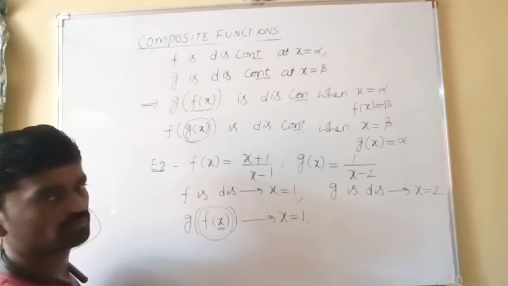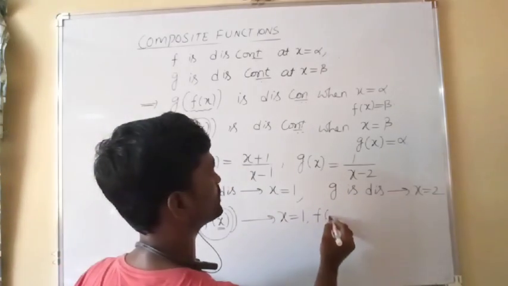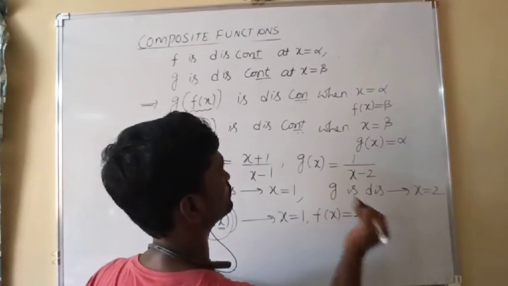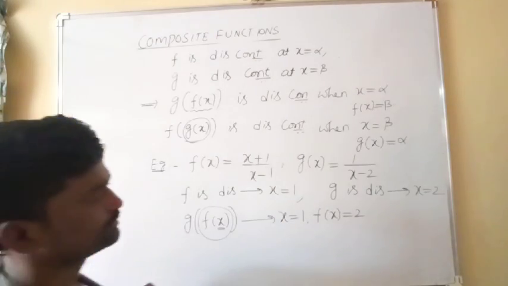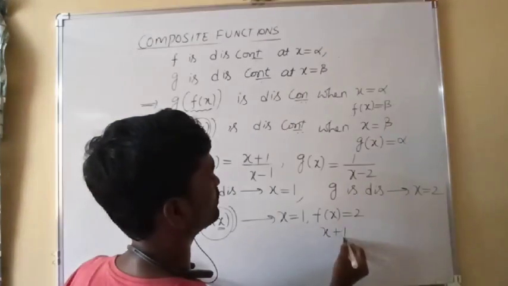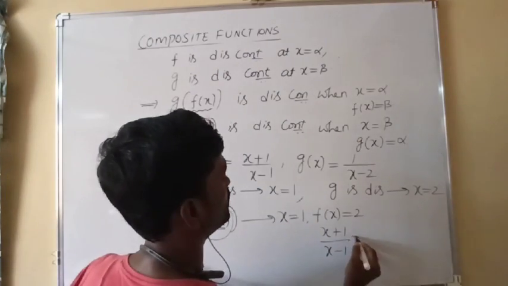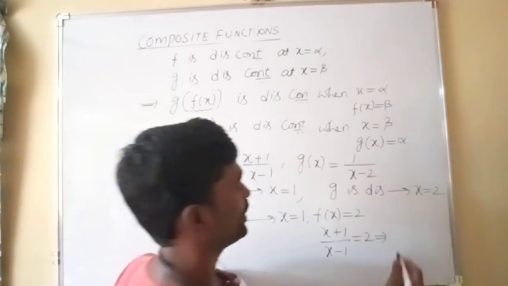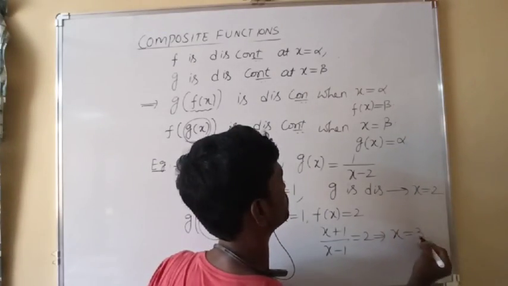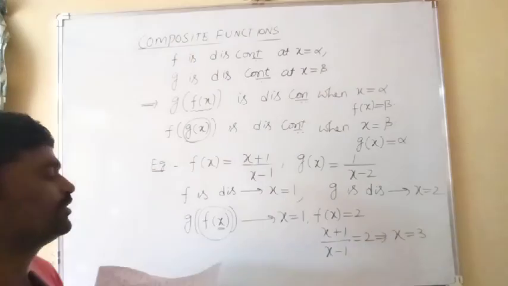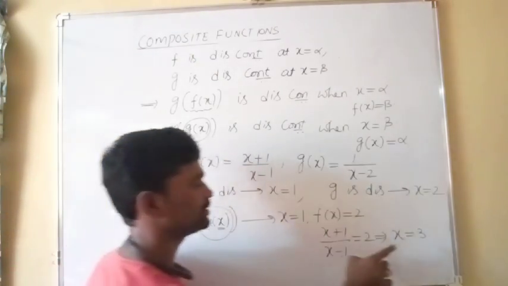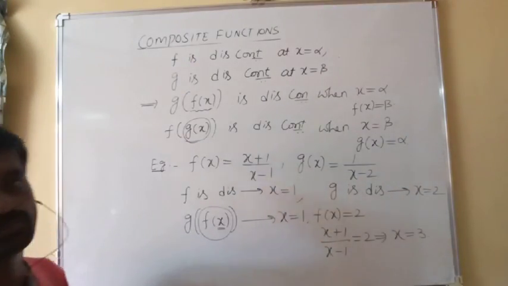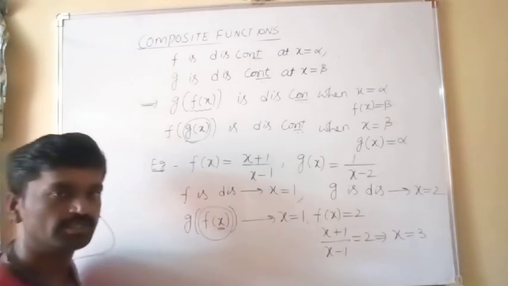Instead of x here, what you have is f of x. So when f of x is equal to 2, f of x is x plus 1 by x minus 1 equal to 2. On solving you will get x value 3. Thus g of f of x is discontinuous at x equal to 1 as well as at x equal to 3.